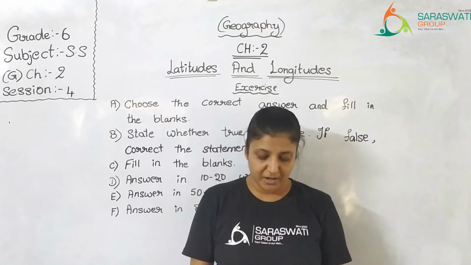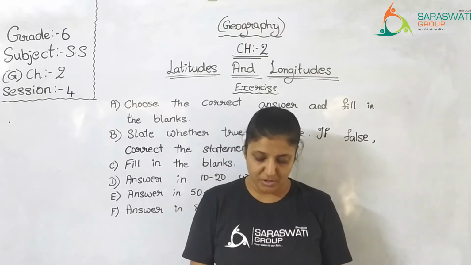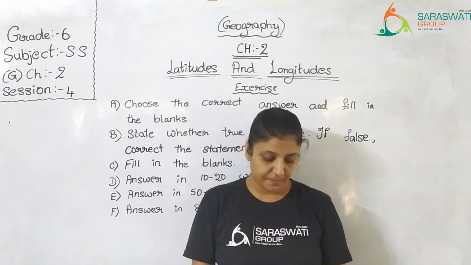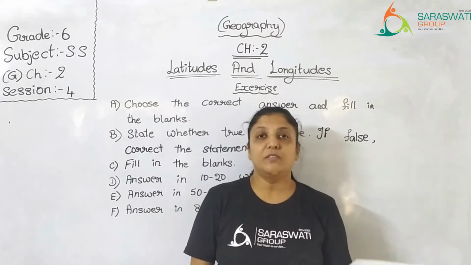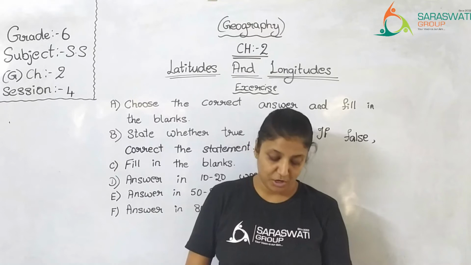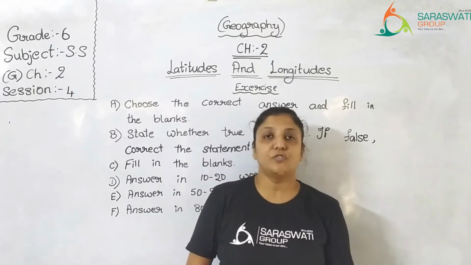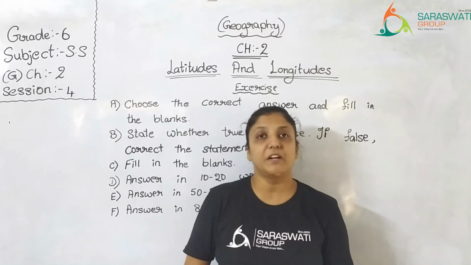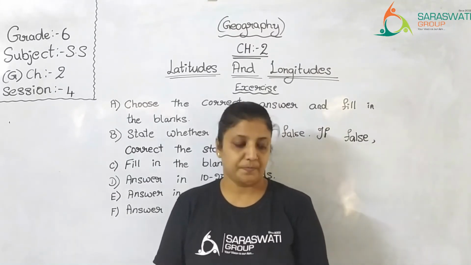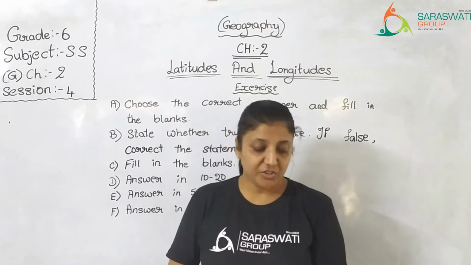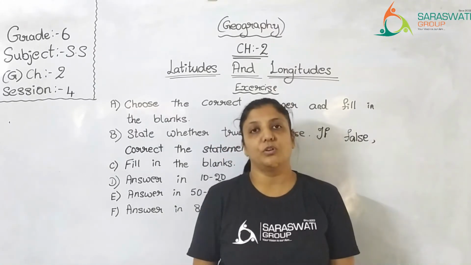Number 1. The 23.5 degree south latitude is called Tropic of Capricorn. Is it called Tropic of Capricorn? Yes, it is Tropic of Capricorn. So this statement is true. Next, number 2. The frigid zone is the hottest zone.